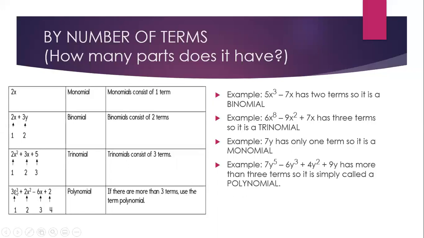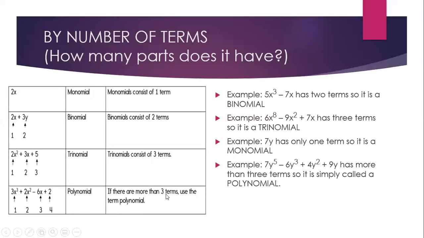For example, 3x cubed, 2x squared, minus 6, plus 2, that's 1, 2, 3, 4 terms. We could call it a quadrinomial, I guess, but we don't. We just call it a polynomial.